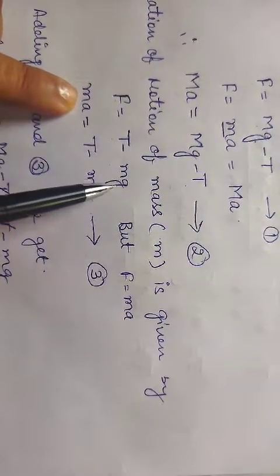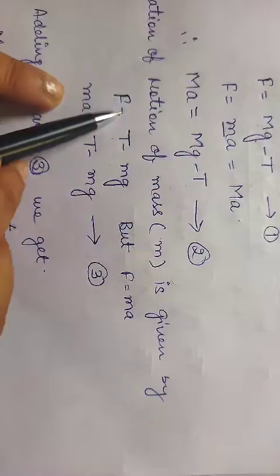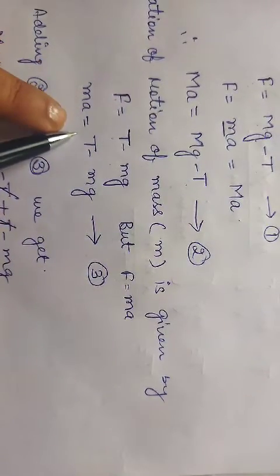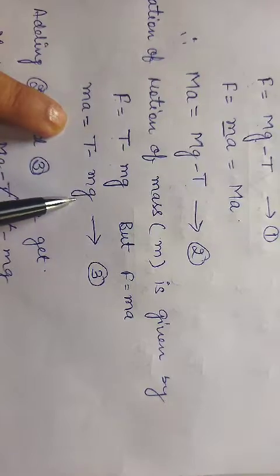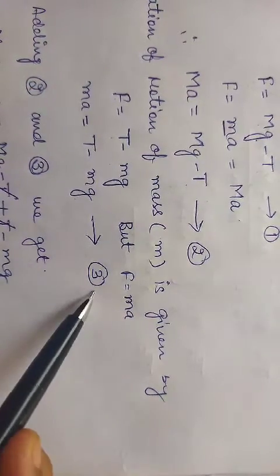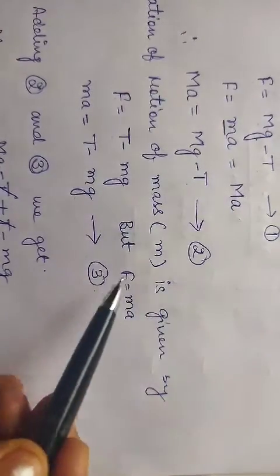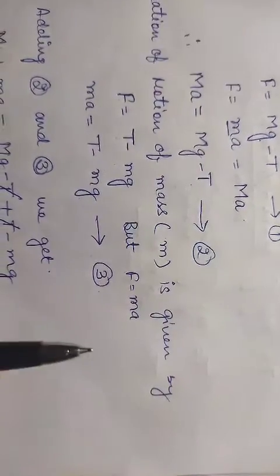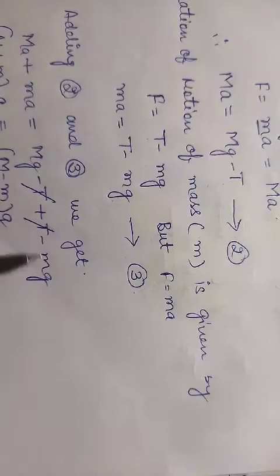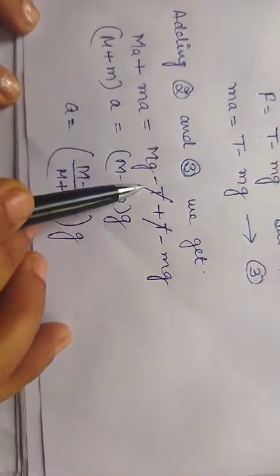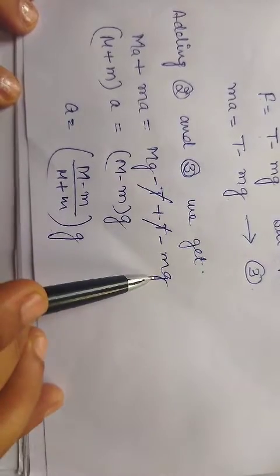Here again we know F is equal to m into A, that is equal to T minus mg. Now this is equation number 3. Now we will add these two equations. Adding equations 2 and 3, we get Ma plus ma is equal to Mg minus T plus T minus mg.